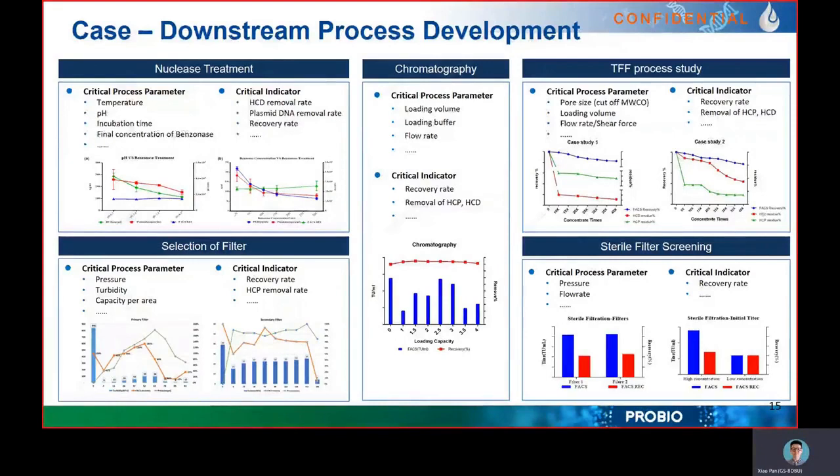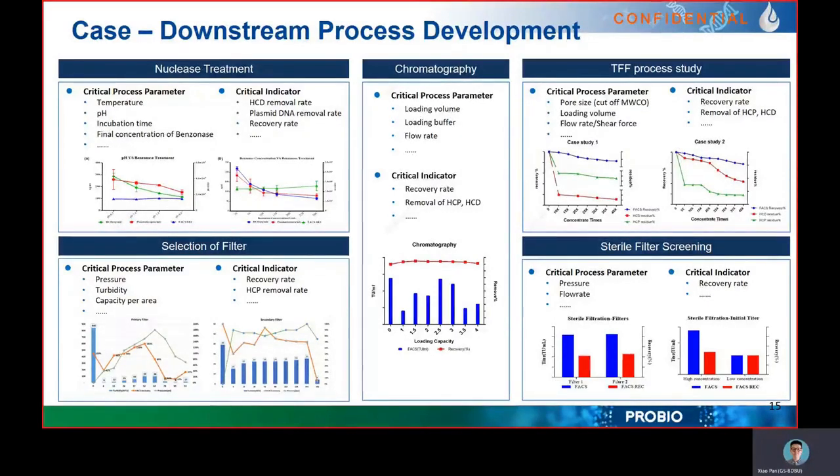In downstream process development, we're focusing on different unit operations. Here, I won't zoom into the details of each unit operation, but we showed here, for instance, nuclease treatment, selection of depth filters, including primary and secondary filter, chromatography step, TFF process, and sterile filter screening.